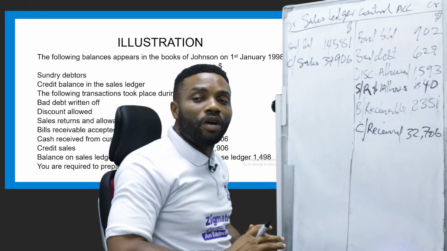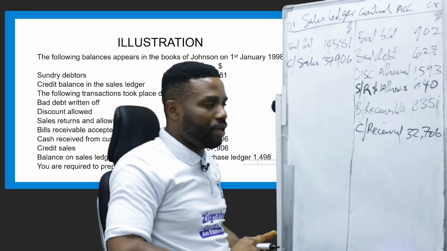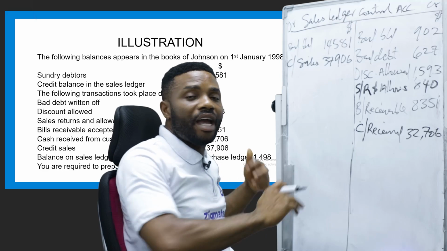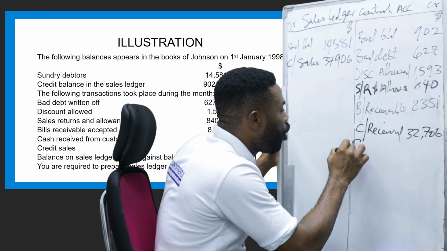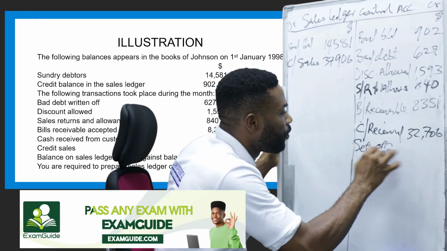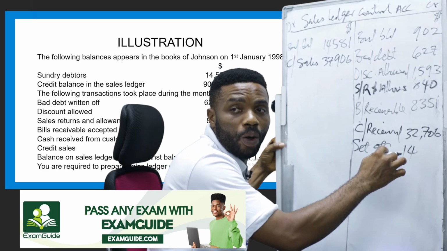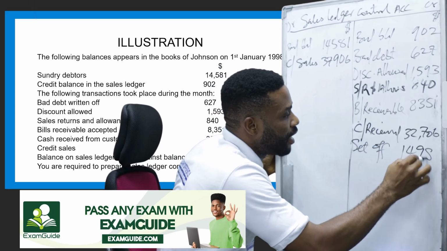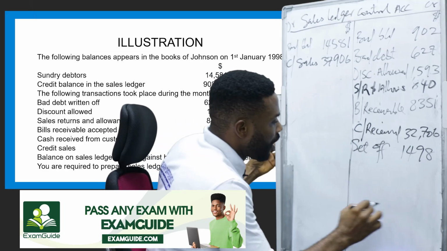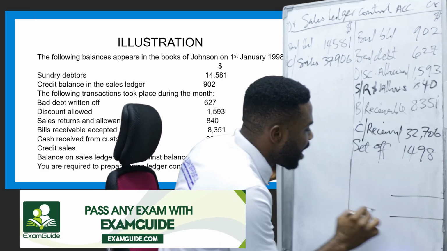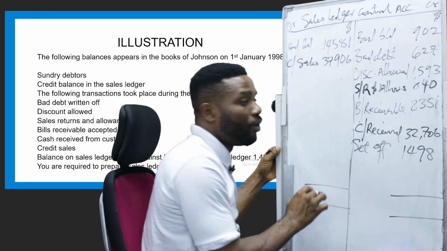This is what we call contra entry. So instead of you to write a contra entry, simply put set off, and the set off here is $1,498.